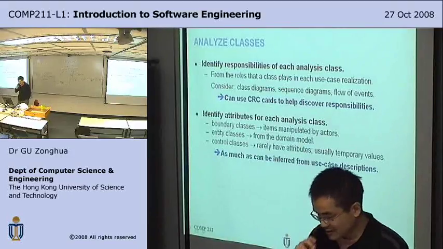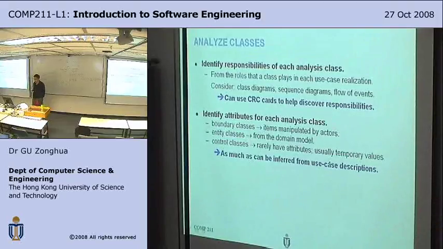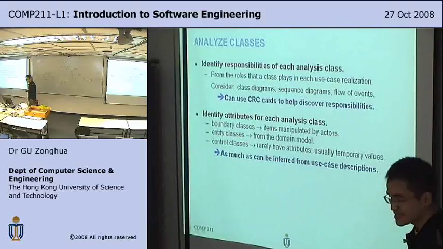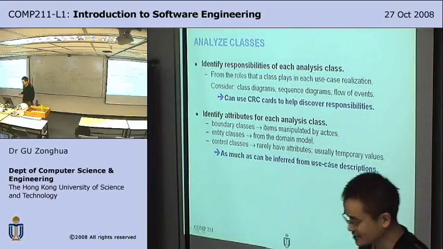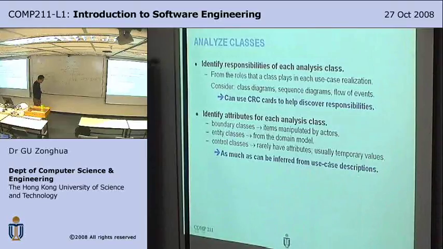Then you identify the attributes for each analysis class. For boundary classes, the attributes are items manipulated by actors, because the boundary class is the interface between the actor and the system.